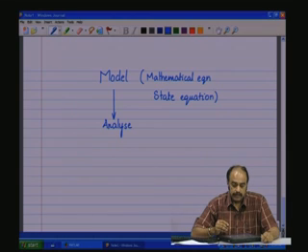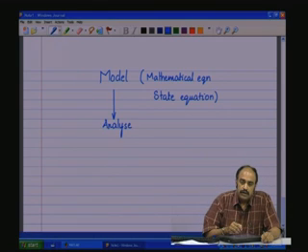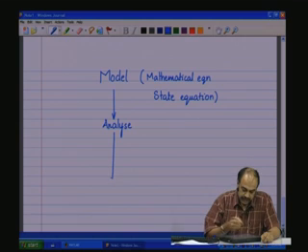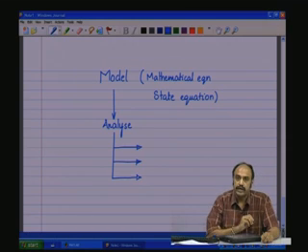And in the process of analysis, there are few points that I would like to mention, that the analysis is generally done in 3 domains or viewpoints.